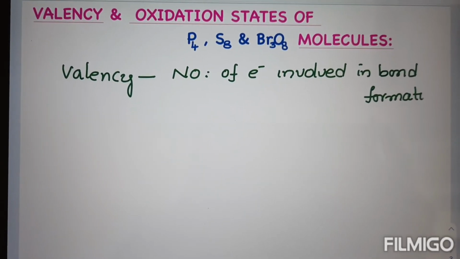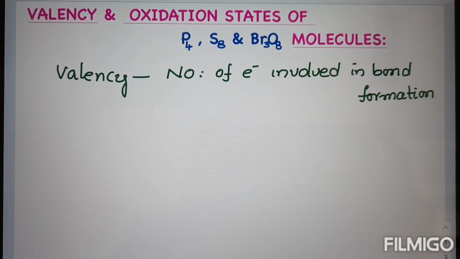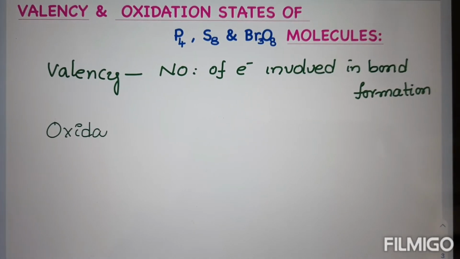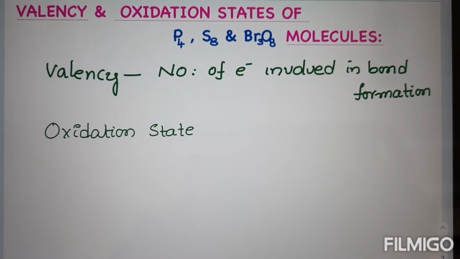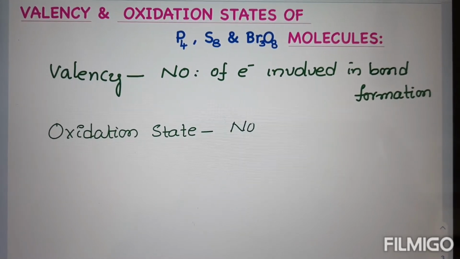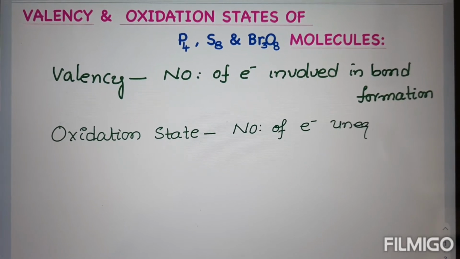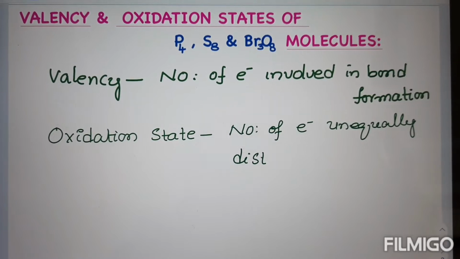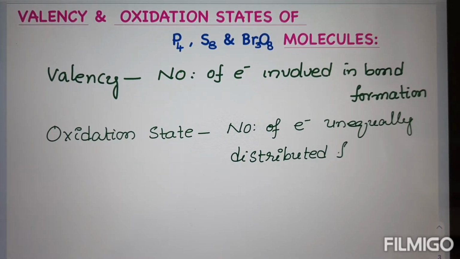Then what is called oxidation state? Oxidation state is the number of electrons unequally distributed from one atom.